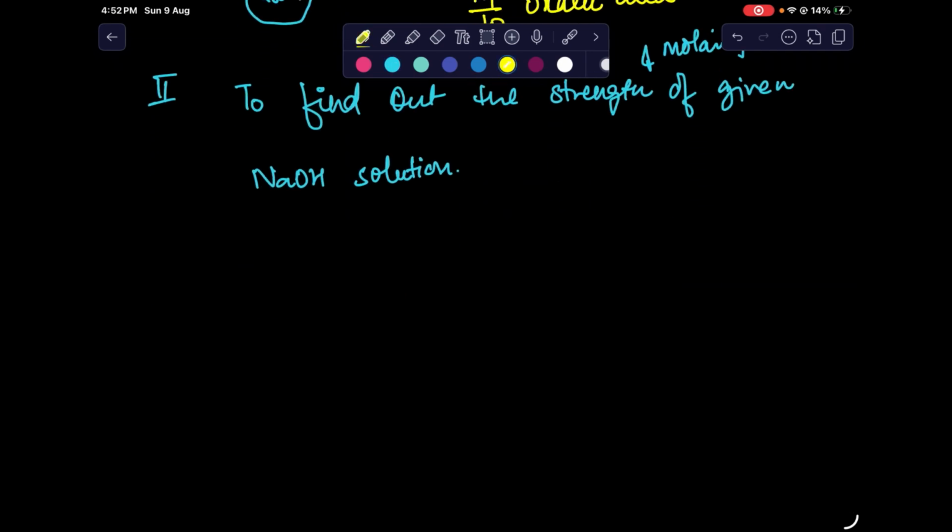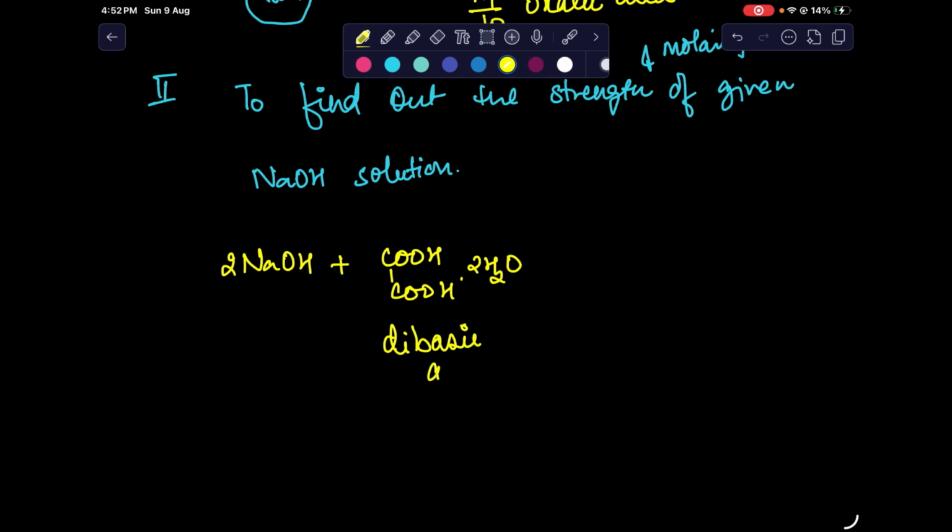What is the chemical reaction here? We know that NaOH is a base, so two molecules of NaOH will react with one molecule of oxalic acid, because oxalic acid is a dibasic acid. What do we mean by dibasic acid?